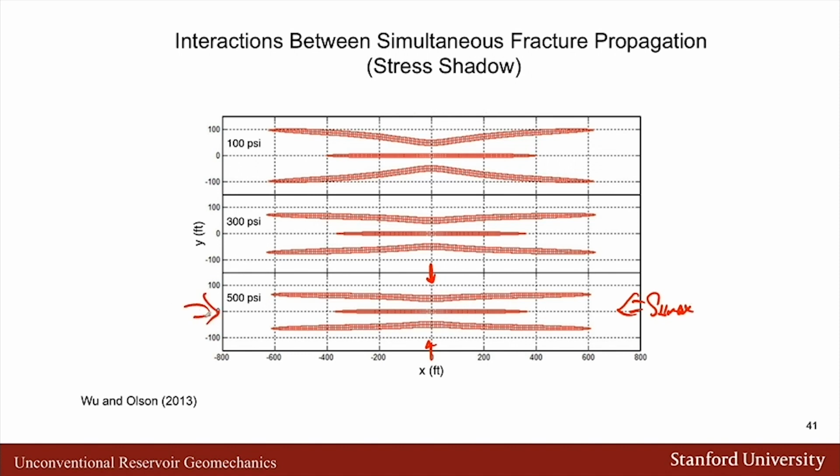Now, if that difference is very small, 100 psi, you can see that these fractures, which at the wellbore are 50 feet apart, by the time you go out 600 feet are about 100 feet apart. Those are still fairly planar fractures, but the proximity of the clusters is resulting in a deviation in the trajectory when the stress difference is as low as 100 psi.